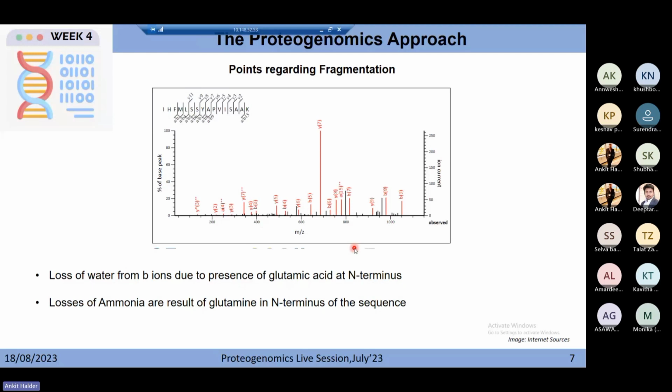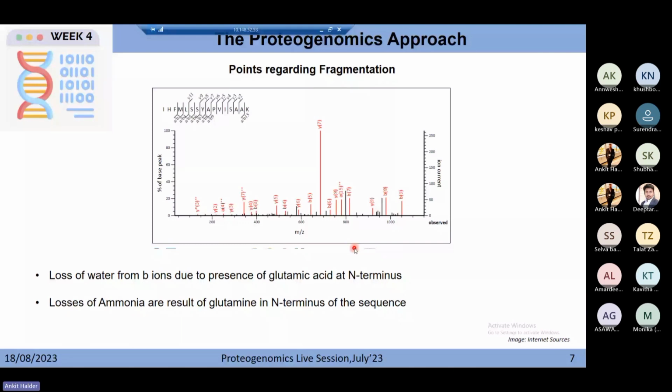Then if there is a loss, the monoisotopic mass that you are getting minus ammonia, that is for that amino acid less ammonia, then the amino acid less water. All these things you need to calculate manually, and then you can identify those masses.